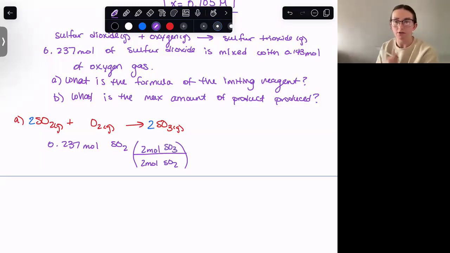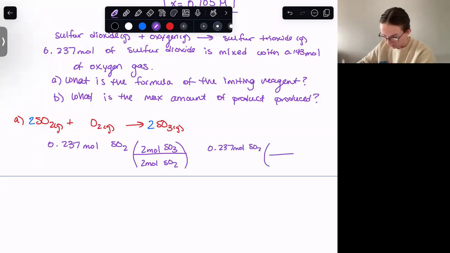But you could also do it how John suggested, and you could say 0.237 moles of SO2, and you could say that 2 moles of SO2 is equal to 1 mole of O2.